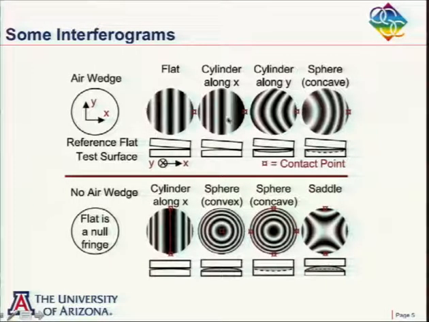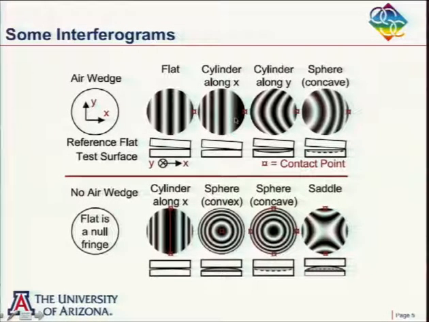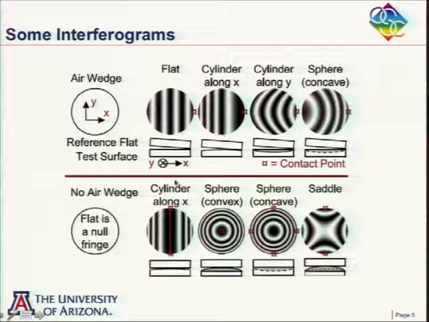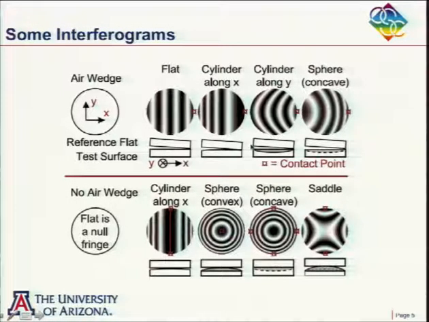There's going to be some region here where the fringes are most widely spaced, and we can move that portion back and forth by changing the tilt. If we have no tilt like I have down here, then that would be in the center, but by introducing tilt we move it around a little bit.